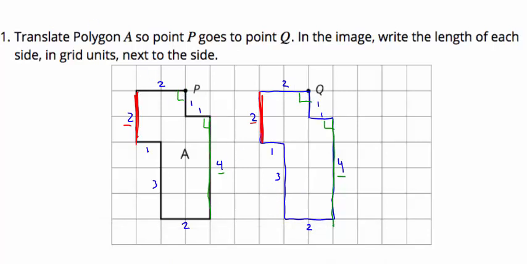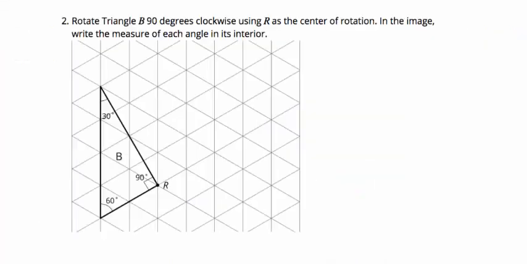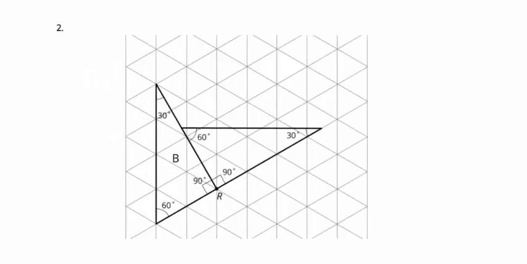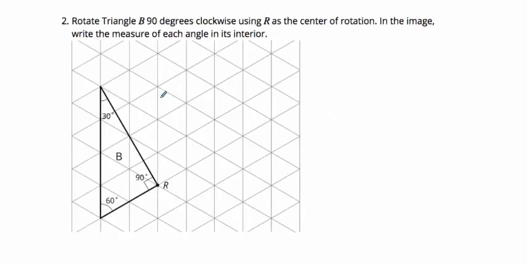Okay, let's look at the next one. It says rotate triangle B 90 degrees clockwise using R as the center of rotation. So this is the point that's not going to move, and we're going to turn this clockwise. We're going to be going that way. Well, clockwise 90 degrees.